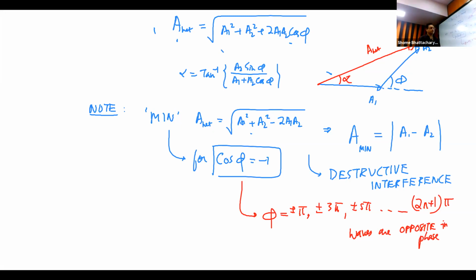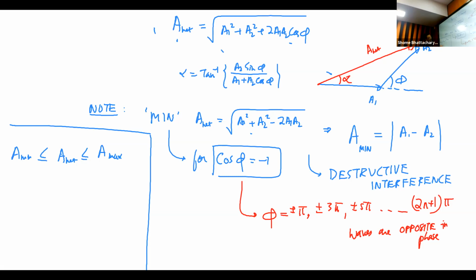I'll explain this with a diagrammatic representation also, and then it will become more clear. So these are the two special cases of interference, which are constructive and destructive. But in general, for all possible values of phi, our net amplitude will be anything from the maximum to the minimum.